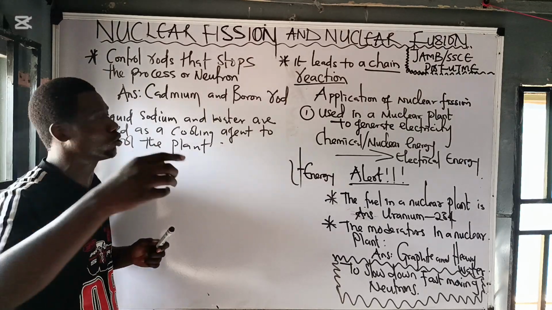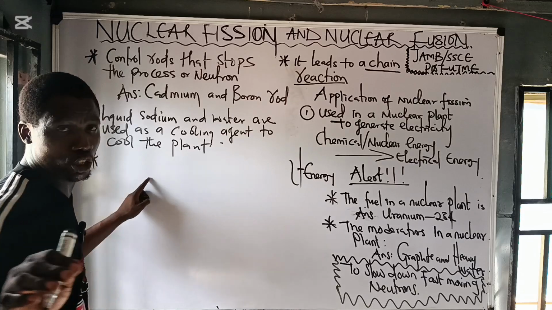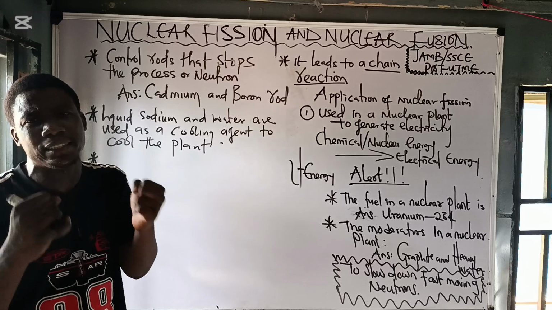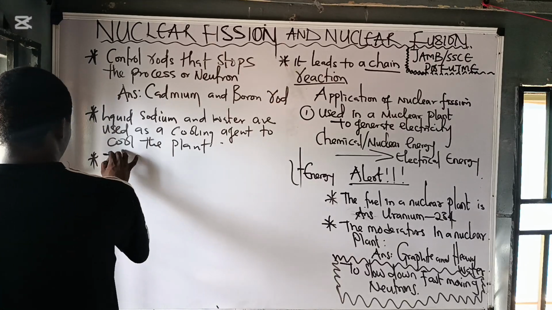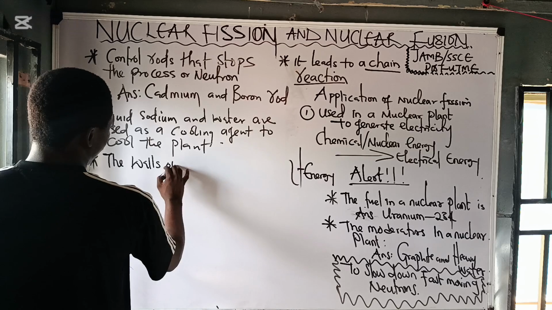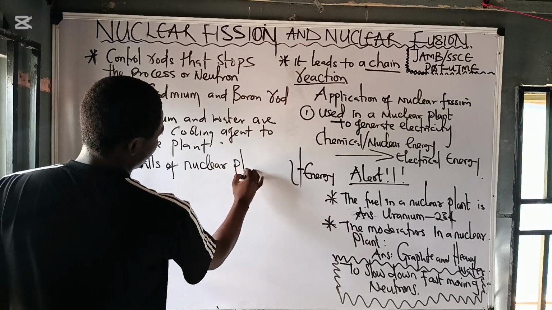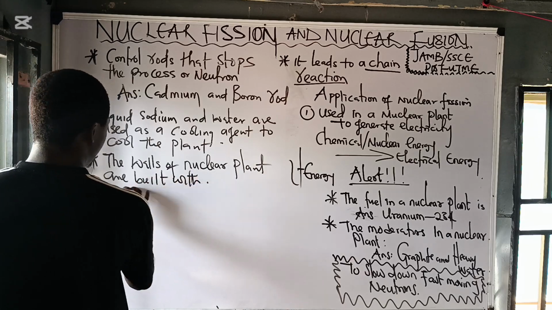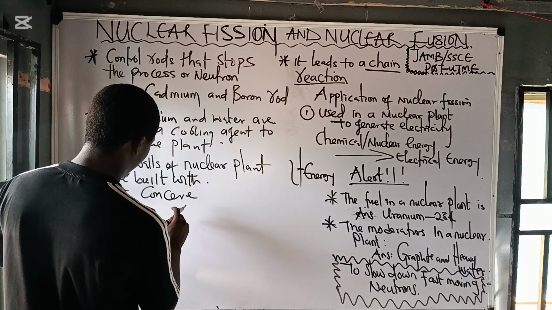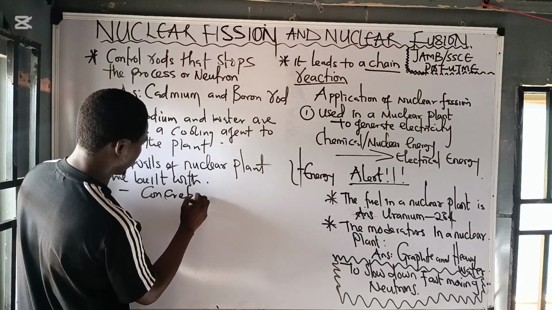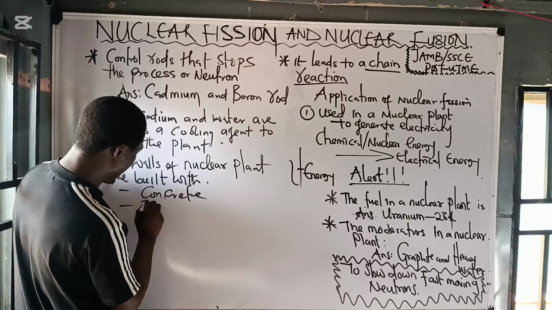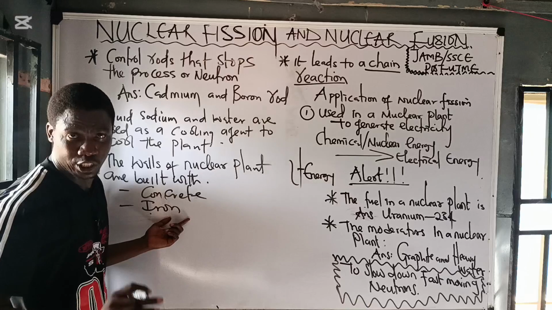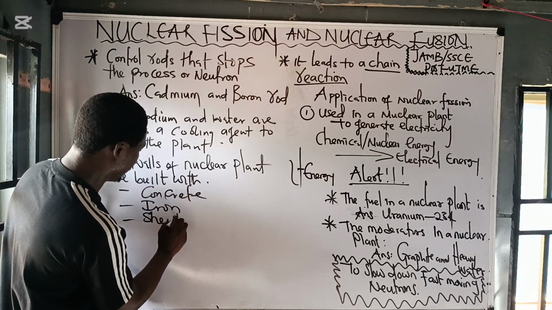Now, more also, class, take note of this point. It is very important. The walls of nuclear plants are built with iron, concrete, and sheet metals. Take note of that. The walls of nuclear plants are built with concrete, iron, and sheet metals.